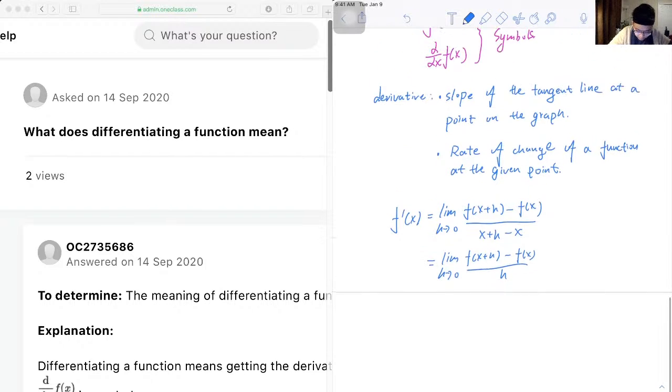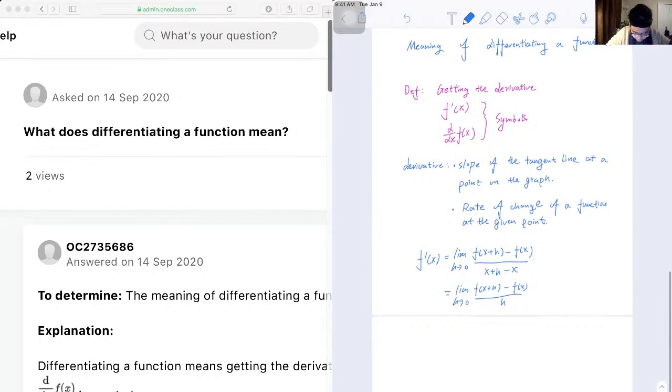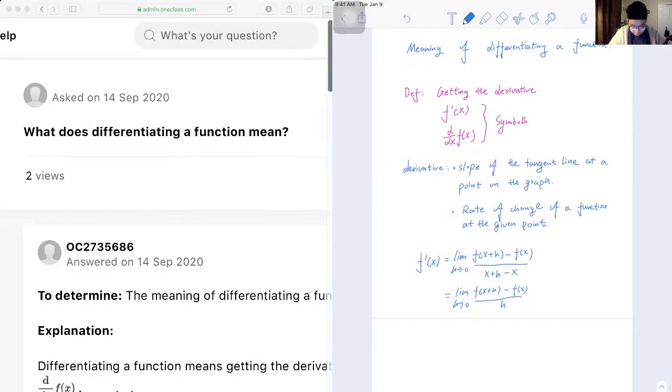So I think that pretty much covers the meaning of differentiating a function.